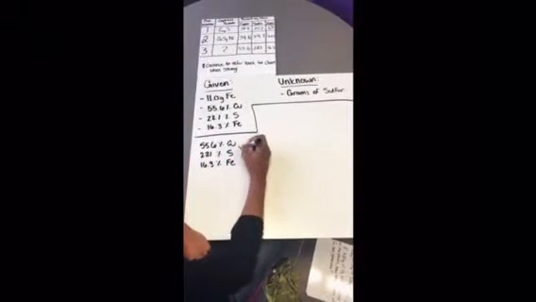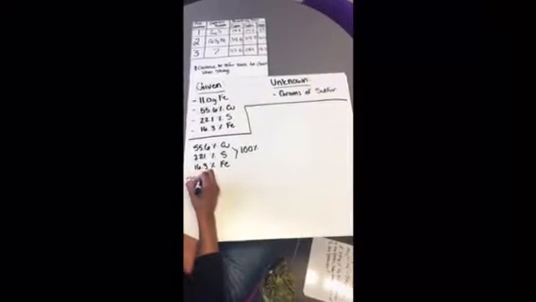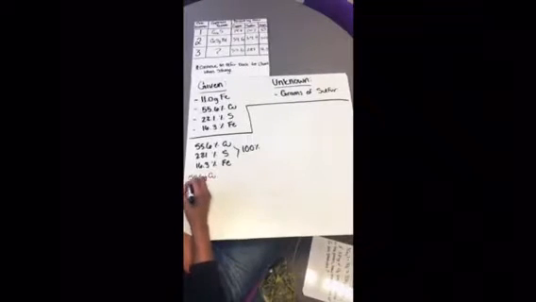Now if we added all those together, we would get a total of 100%. So once again, that means we have 55.6 grams of copper, 28.1 grams of sulfur, and 16.3 grams of iron.